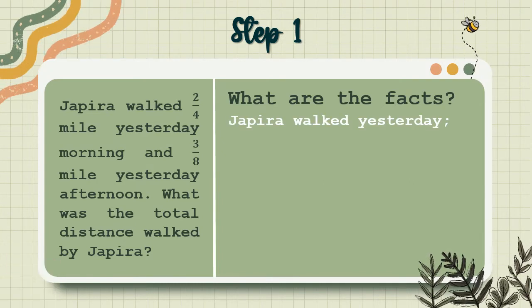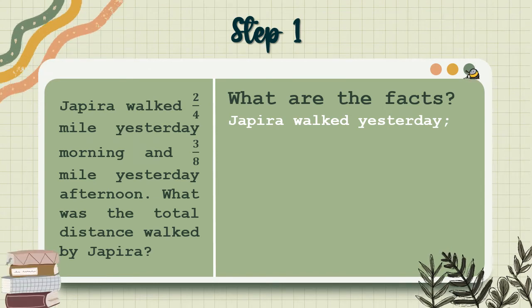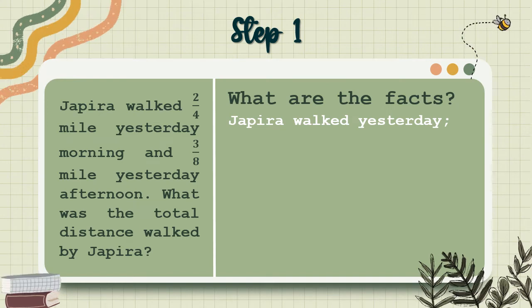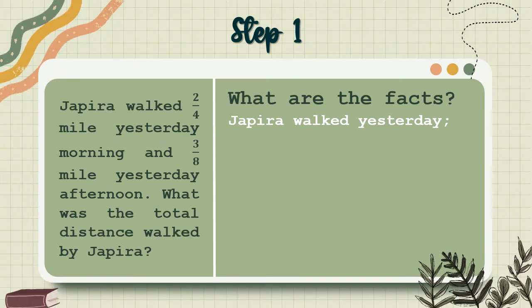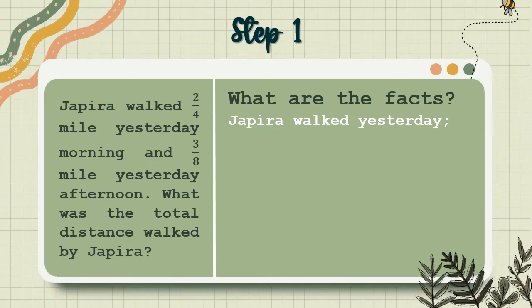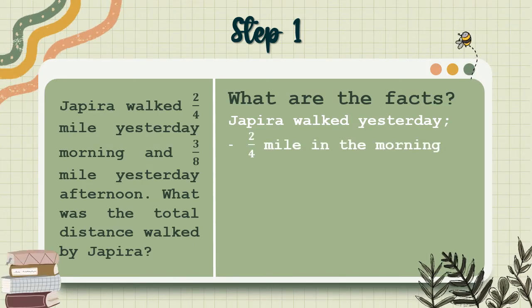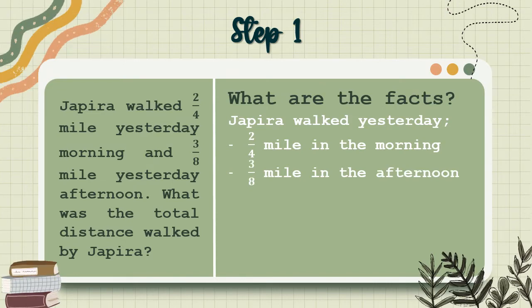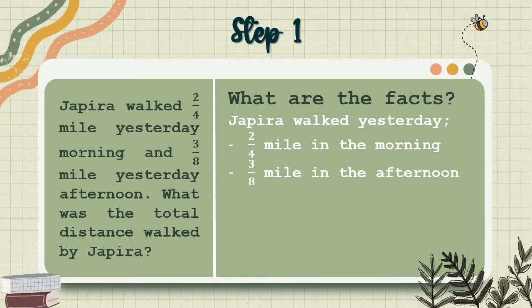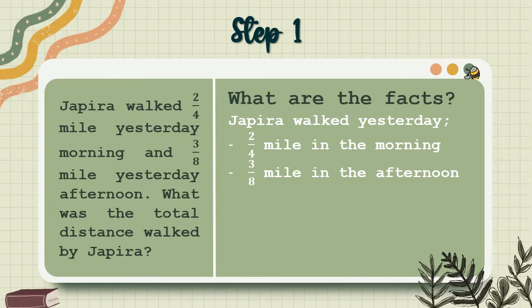That's pretty simple, but it's a great starting point. At least now you're trying to picture where she walked, maybe to school, to a friend's house, to the store, or wherever. She walked 2/4 mile in the morning and 3/8 mile in the afternoon. So maybe she walked to school in the morning but then walked to a friend's house in the afternoon.